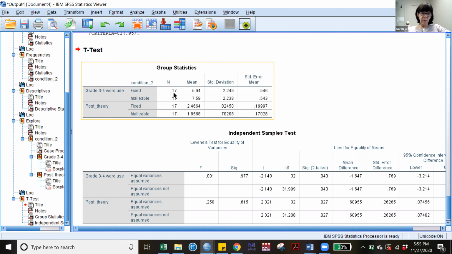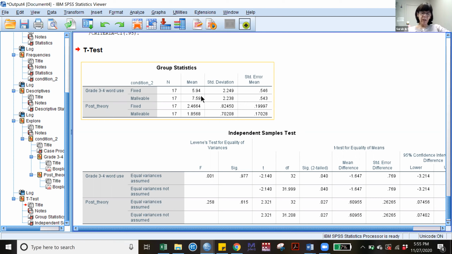There were 17 people in the fixed condition who were measured on word use, and the mean for that group was 5.94. There were another 17 people in the malleable group who were measured on word use, and the mean for that group was 7.9. The standard deviation for the fixed group was 2.24. The standard deviation for the malleable group was 2.238.